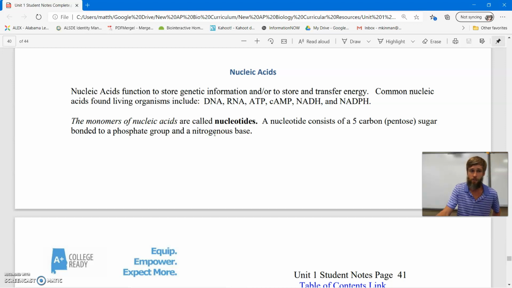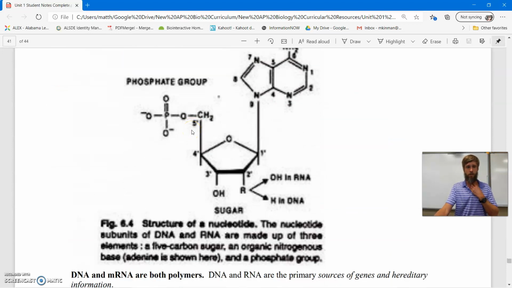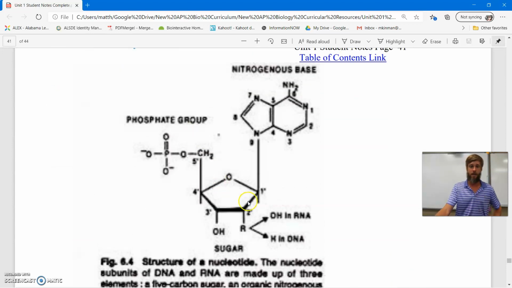Nucleotides are monomers for what? Nucleic acids. All right, and so here's your diagram for nucleic acid. So here's our sugar. Sugar is sort of the backbone. Everything's bonded to it. And here's our phosphate group, our PO4. And then here's our nitrogen base.